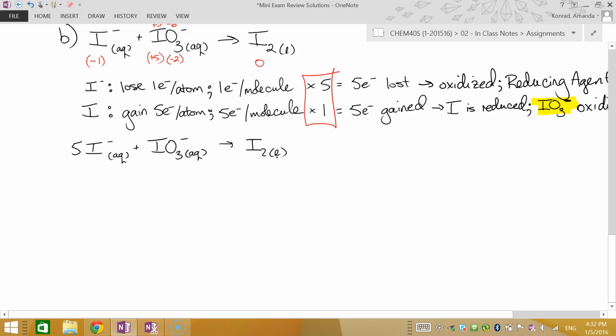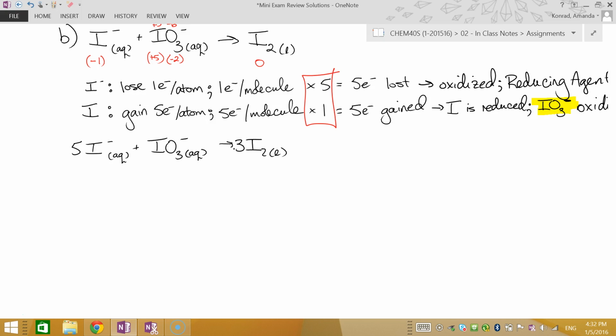So I look at this and I see, okay, well, I have 6 iodines on my left side, 5 plus 1. I need 6 on my right, so I need to put the 3 out in front. And that's great. This looks lovely.